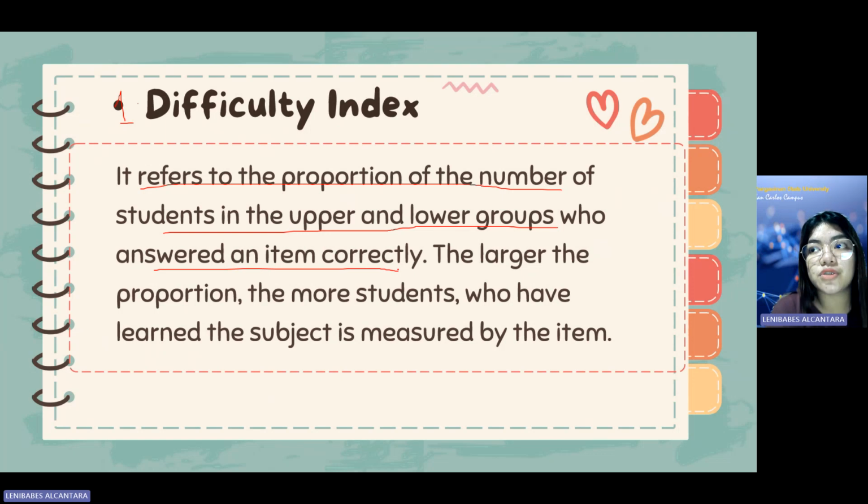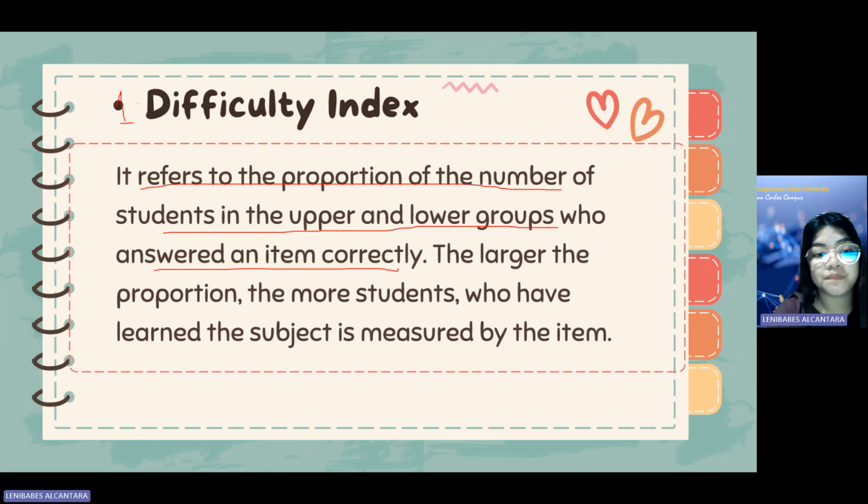Okay? Among those students na mataas yung scores, ilan sa kanila ang nakakuha ng item number 1? Ilan ang nakakuha ng tamang sagot sa item number 1? Now, doon sa ating mga lower group naman, doon sa mga group of students na mababa sa exam, ilan ang nakakuha ng tamang sagot sa item na iyon? Okay? Or item number 1.